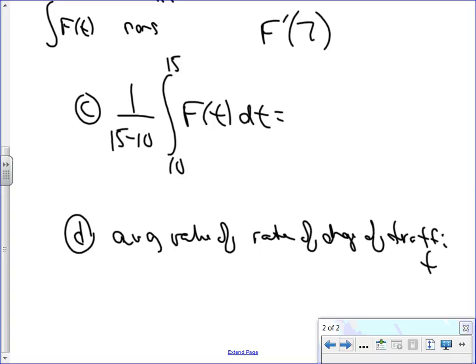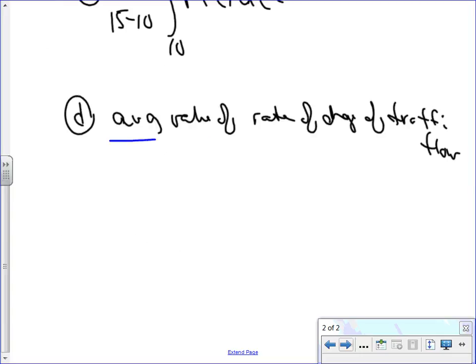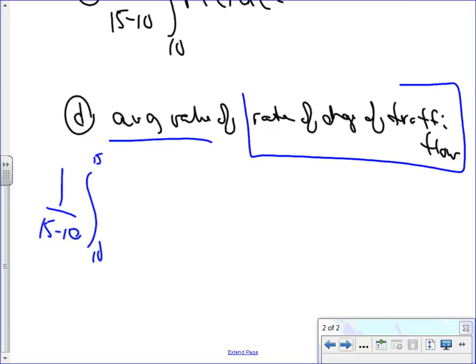Here's where your reading and analysis skills come in, right? Average value I got, that's 1 over B minus A, right? Interval from A to B. Yes? That's easy. What is this? What is the rate of change of the traffic flow? It's f prime.